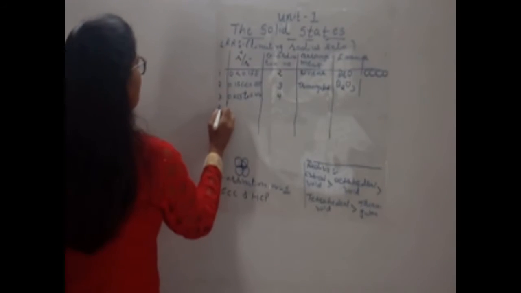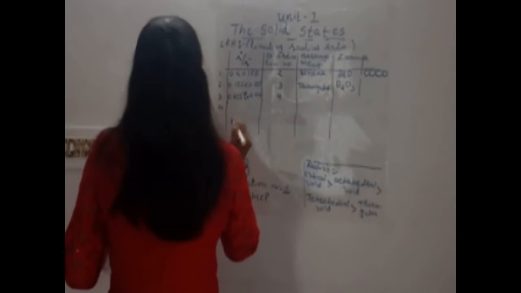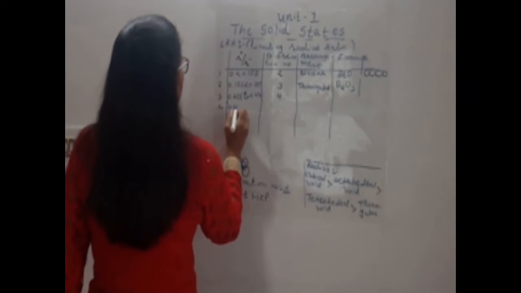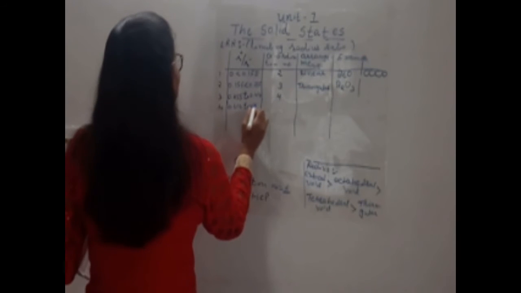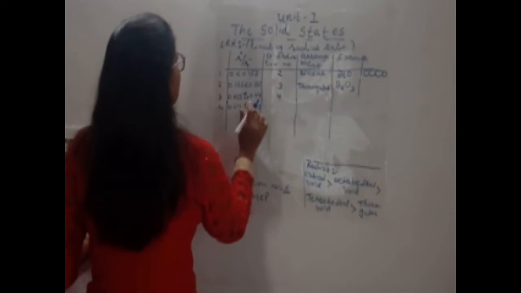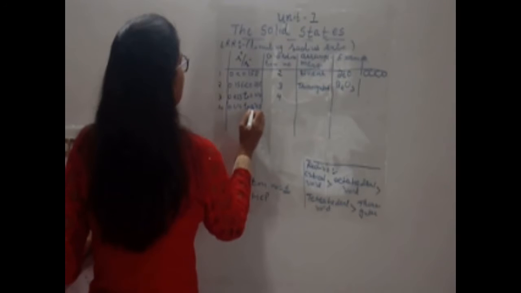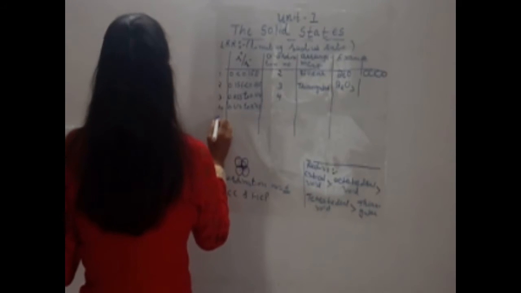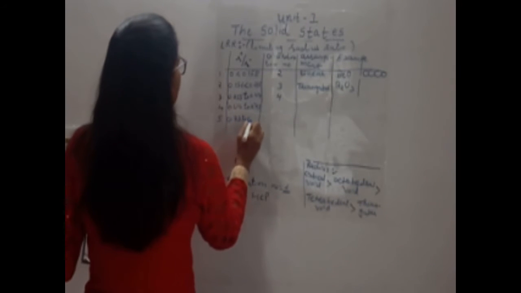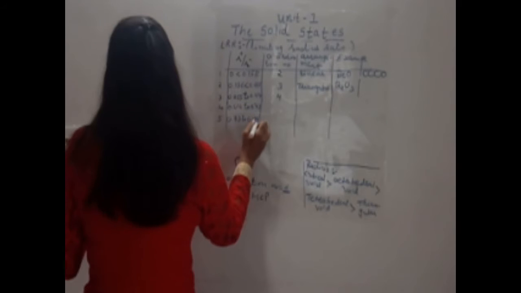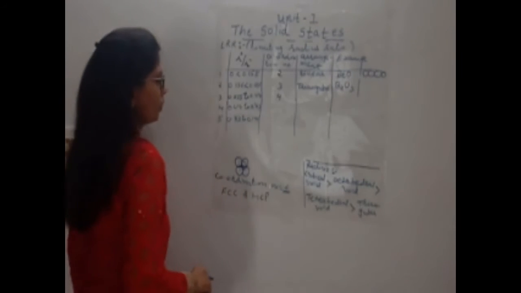Then the next one, the fourth one, is 0.414 to 0.73, and the fifth one is 0.73 to 0.99, means nearer to 1.